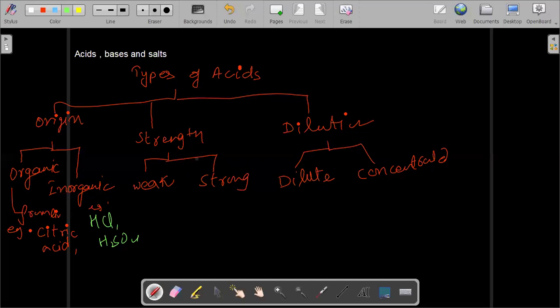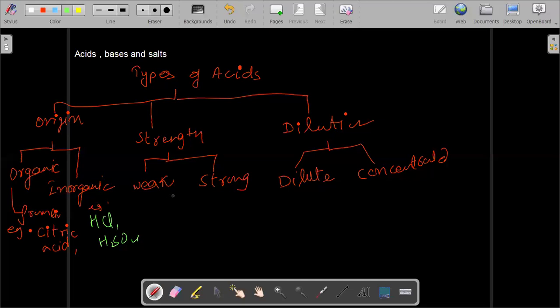Okay, then what are weak and strong acids? Aryan, which acids are weak acids? Sir, weak acids means it has low H plus concentration. Weak acids are the acids which have less dissociation.